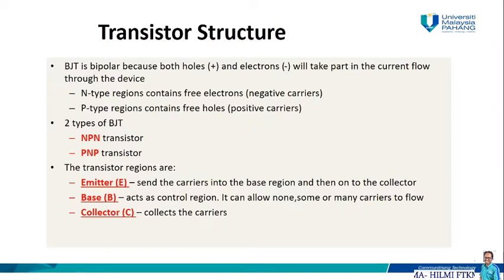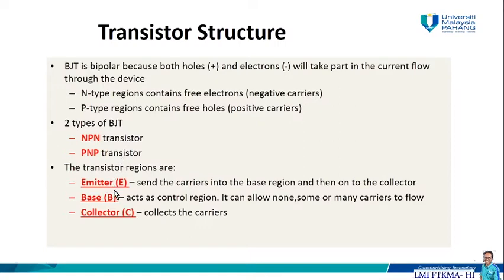There are two types of BJT. Basically this is the only possible combination of P and N type regions. The first one is the NPN transistor and the second one is the PNP transistor. The three different regions inside the transistor are named as follows.